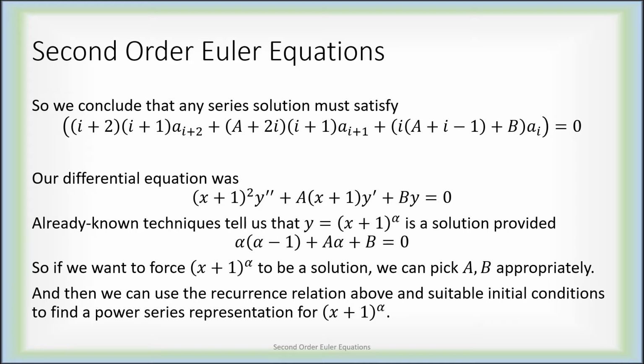Then we can use the recurrence relation above, generated by the coefficients of our power series, and that will help us find a power series representation for the solution. Therefore, we'll have found a power series representation for what we assumed was going to be a solution, (x plus 1) to the alpha.